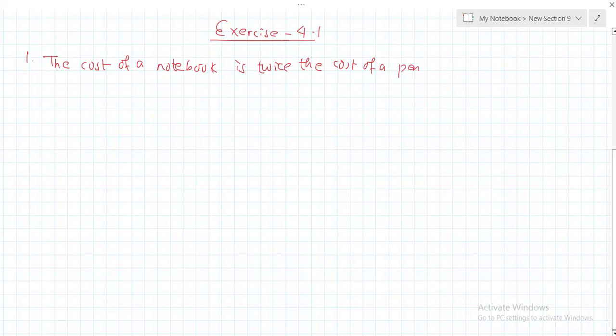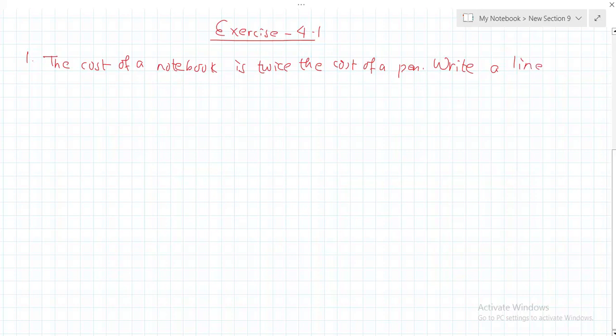Exercise 4.1. Question number 1 is given as: the cost of a notebook is twice the cost of a pen.